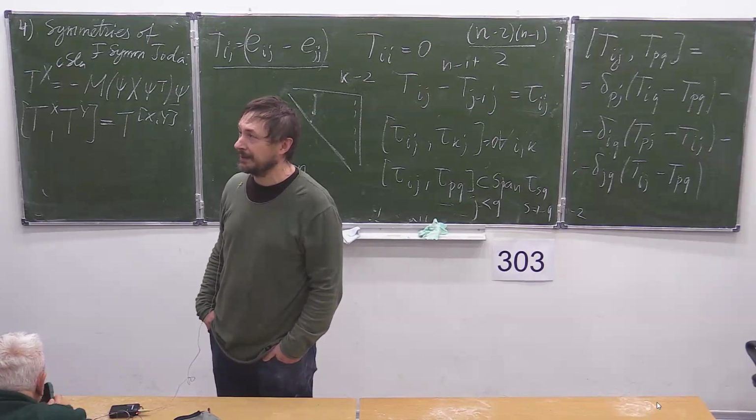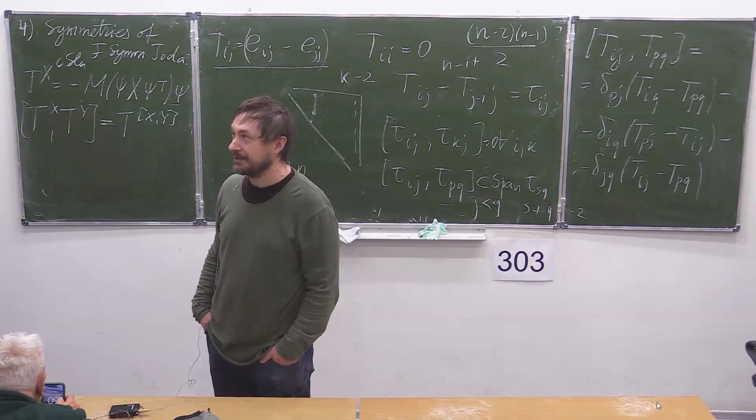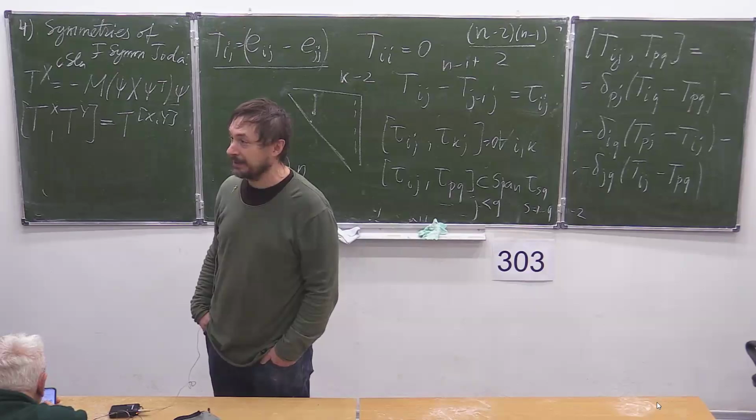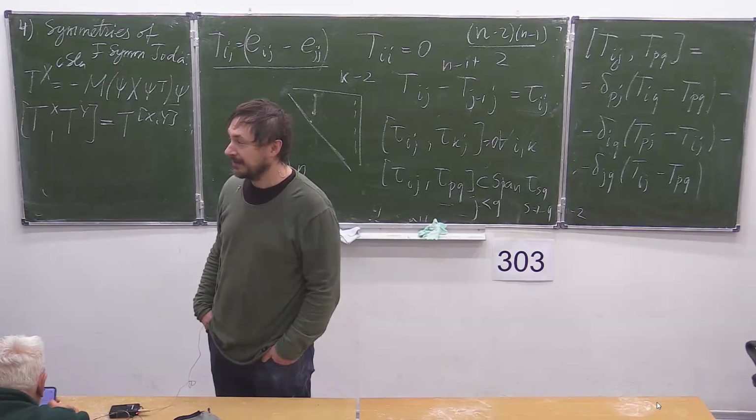Last year I refreshed this from Helgason's book, and I think it's proved by first introducing a certain Riemannian metric and then checking that this metric, when you pass it to the quotient space, has negative sectional curvature, and that is the key to this fact.